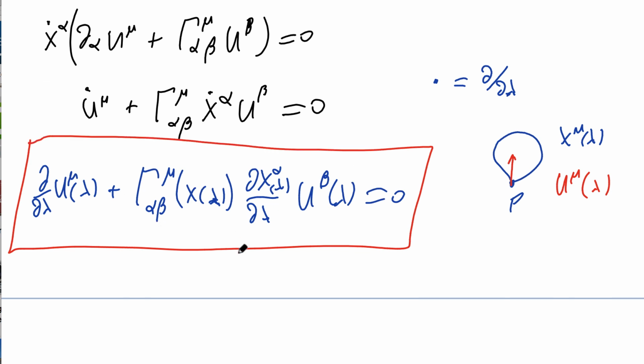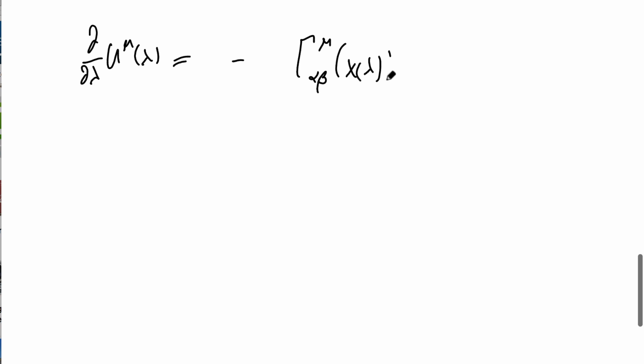Now let's bring this term to the right-hand side and write this result as partial with respect to lambda of u mu of lambda equals minus gamma mu alpha beta, which is a function of x of lambda, times partial x alpha with respect to lambda times u beta of lambda.